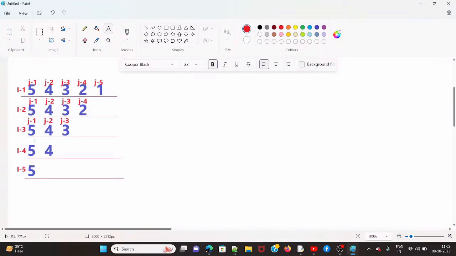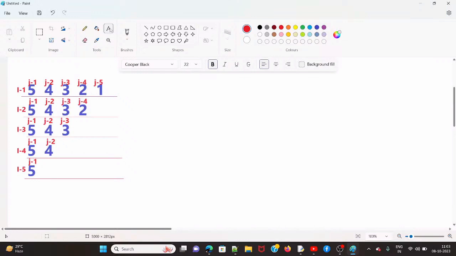Next, when I value 4, j1, first iteration, j2, second iteration. And last one, when I value 5, j iterates only one time. It means the j iterations are decreasing, guys.